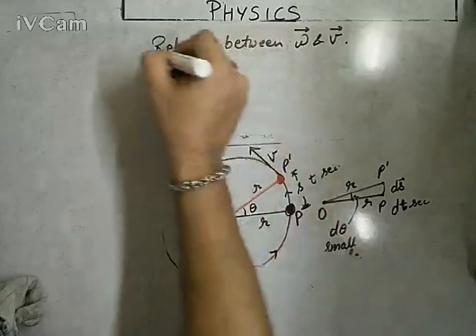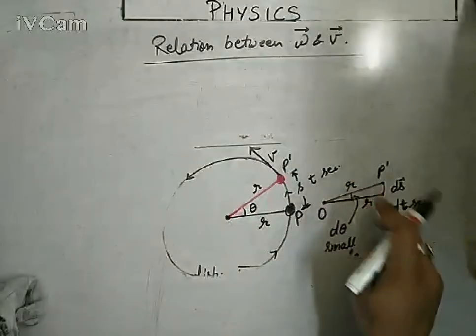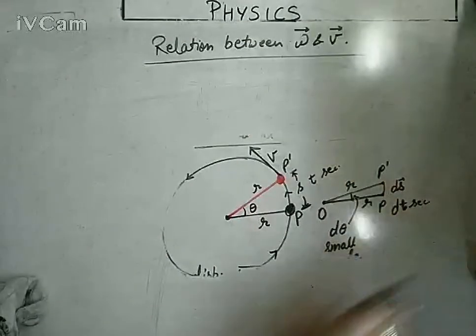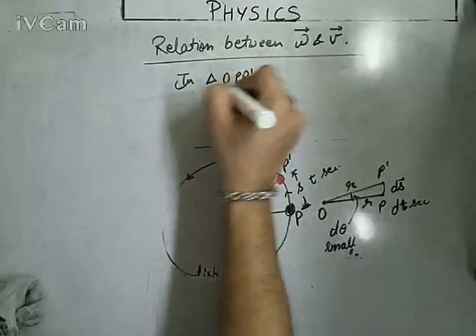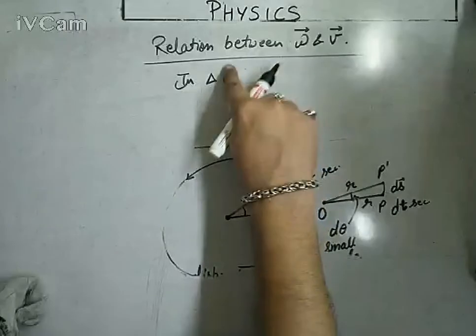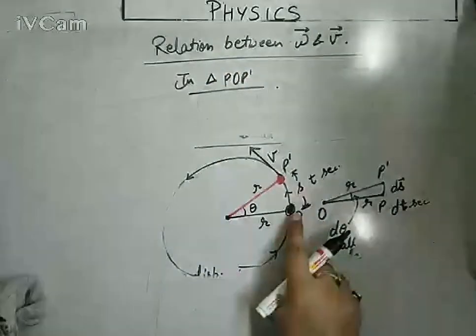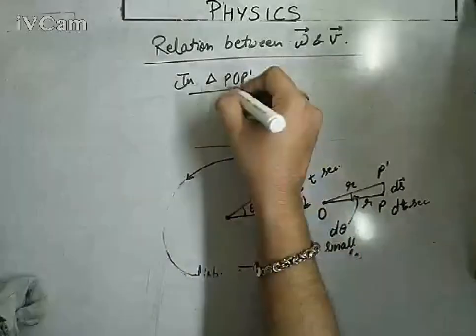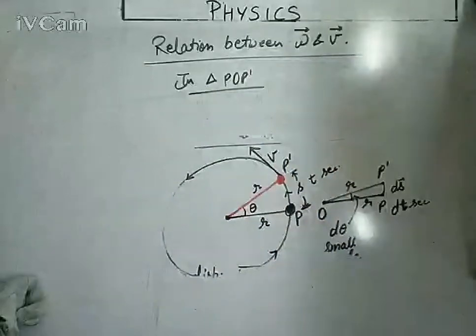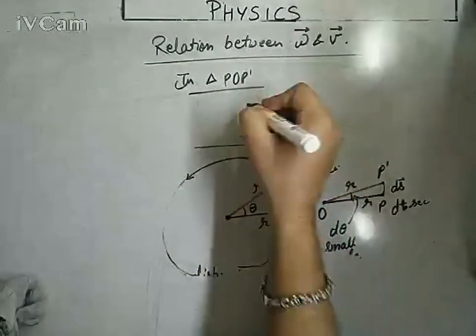So let's try to find the relation between them. In triangle OPP dash, or POP dash, whatever you observe in this triangle or that triangle, it doesn't matter at all. I will use the mathematical formula for angle, which you haven't studied yet.